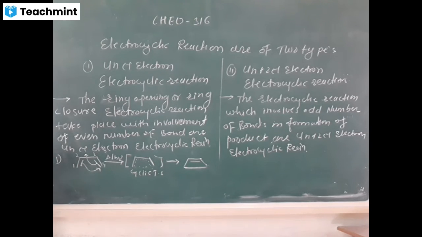So how many bonds are involved? 2 bonds are involved, which means an even number of bonds. If an even number of bonds are involved in product formation or in electrocyclic ring closure or ring opening, then it is a 4n pi electron electrocyclic reaction, or a 4n electrocyclic reaction.